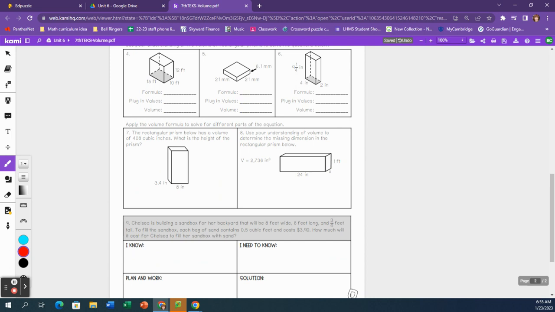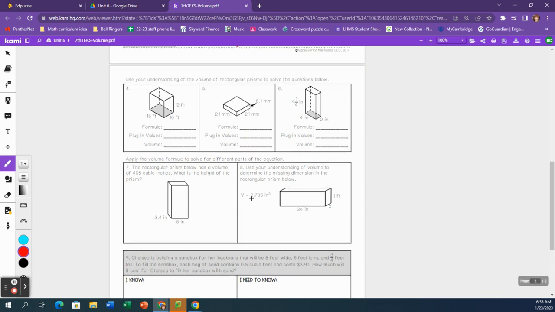Okay, so let's move on down and do some practice problems. Okay, so the formula: volume equals big B times H. Now let's just plug in the values. Well, first we need to do 15 times 10. So my base equals 15 times 10, so my base equals 150.